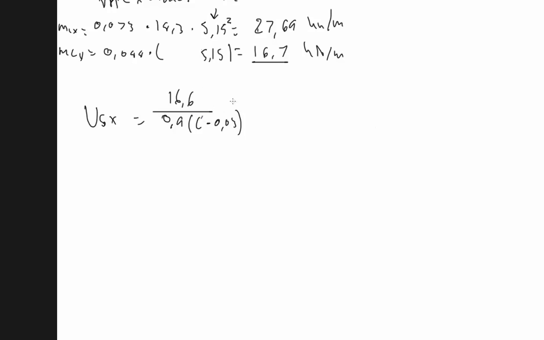So again, we said that this was 0.24, which is the thickness of the concrete slab, and that would be, you know, 0.20, so 16.6 divided by parentheses 0.9 times 0.21.